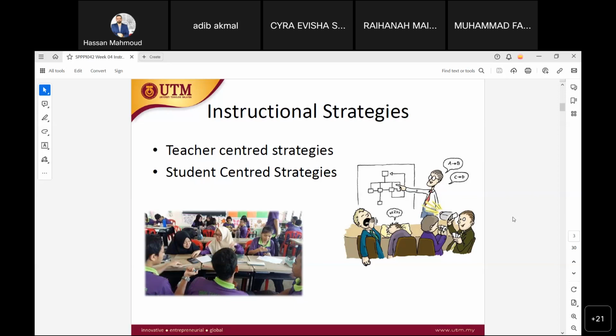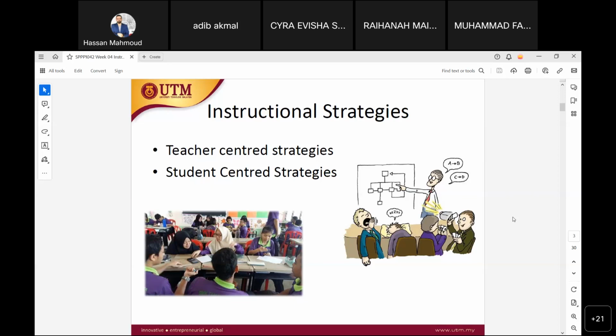environment or the settings. When we talk about teacher-centered strategies, we are talking about the old fashion of teaching, where the teacher goes into the class and he is 100% responsible for what's going on inside the class. The students are not involved at all, right? So the teacher is the only one who is responsible for what's going on inside the class. Okay, so that's why it's called teacher-centered strategies.